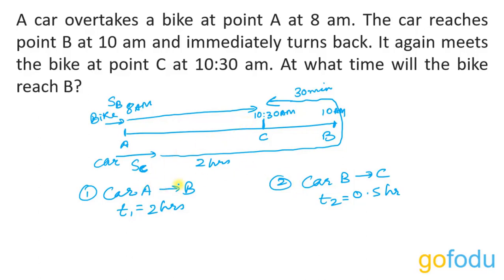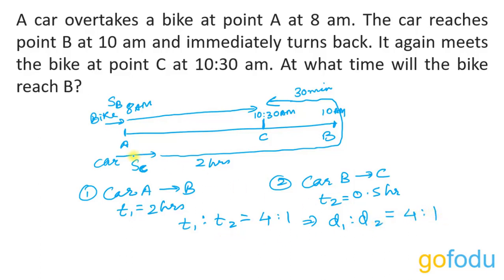So in these two scenarios, distance would be directly proportional to time. The ratio of time T1 to T2 is 2 to 0.5, or 4 to 1. So the ratio of distances D1 to D2 will also be 4 to 1.